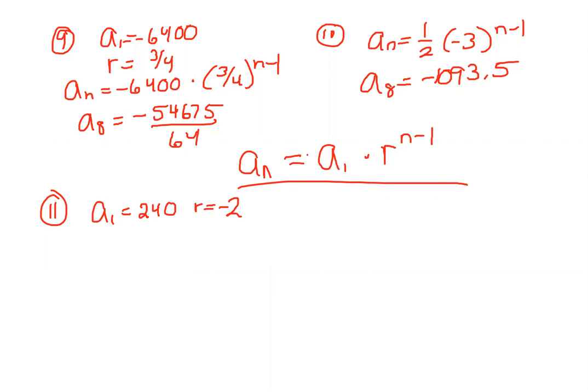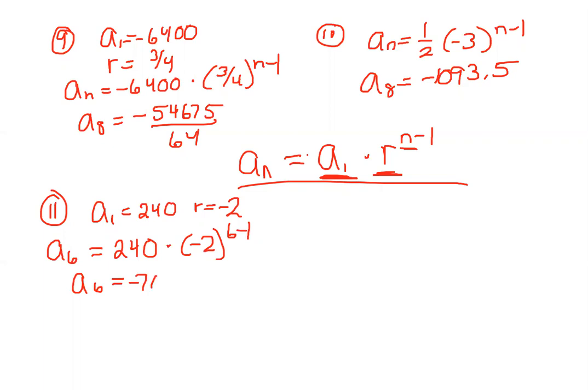So we know A1, we know R, and we know N. So we can just use that equation: A6 is A1 times R to the 6 minus 1. Just do that in your calculator and you should get this.